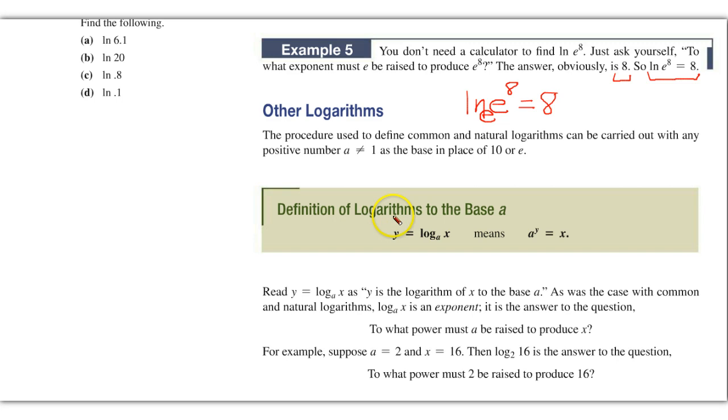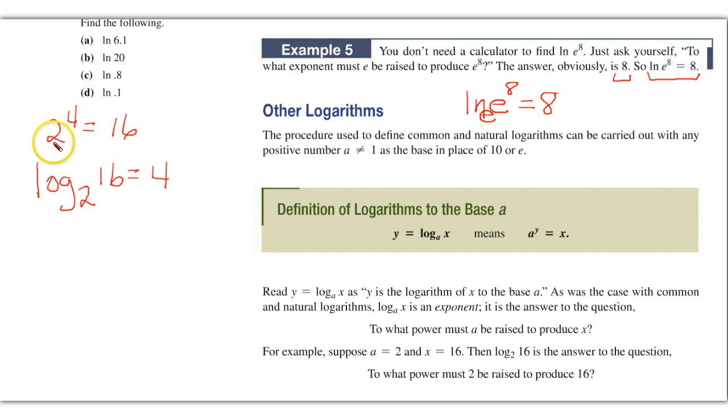So the definition of logarithms to a base a would be a is raised to any exponent gives you the answer. And here's the other form, the general definition of logarithms, where you could put an e here, you could put a 10 there, you could put an a there, but it cannot be a 1. That's not allowed.